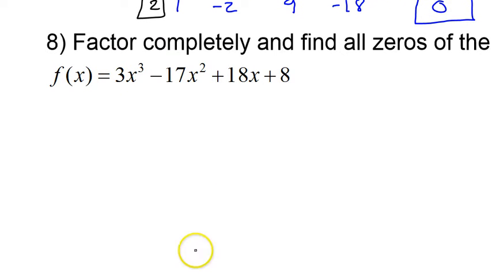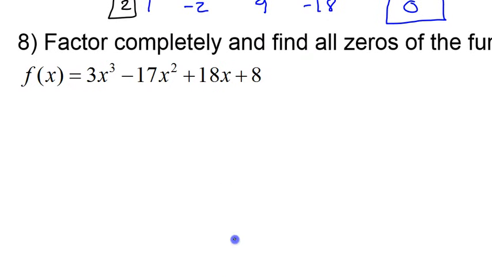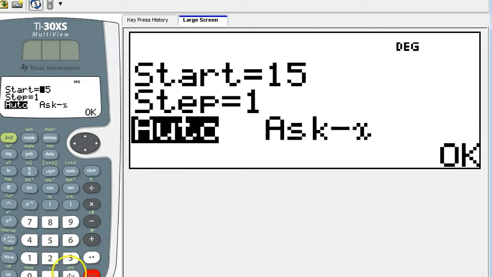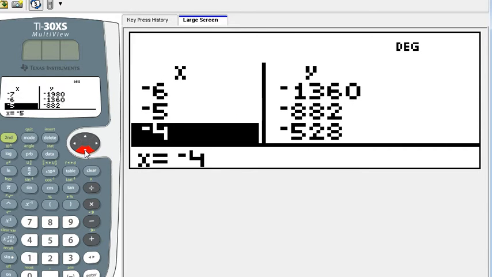So we're supposed to take this and factor it and find all the zeros. And we're not given a graph or anything, so let's just go ahead and use the calculator. Here I've typed it into my calculator, and I like to start at -10 because it rarely goes past that. Now I'm going to scroll down looking for 0 on the y side.